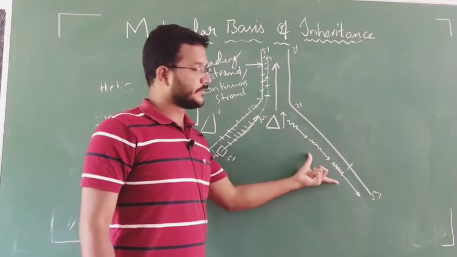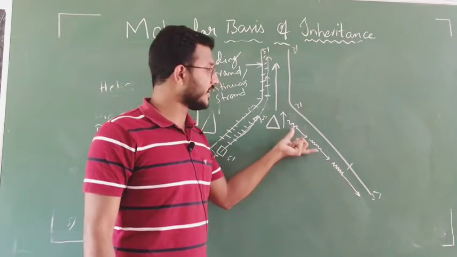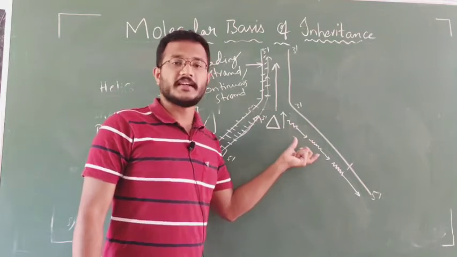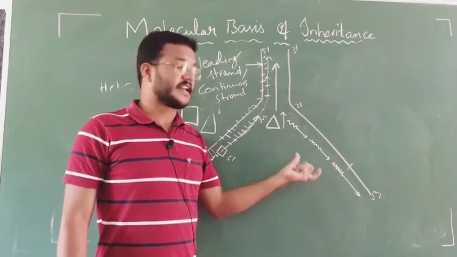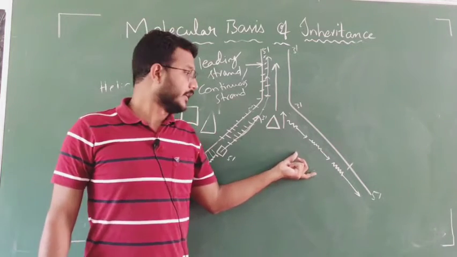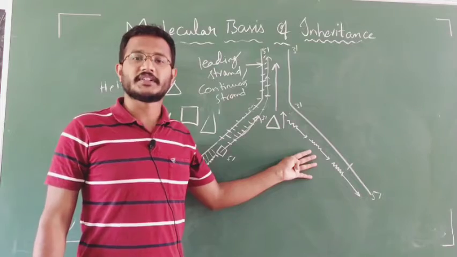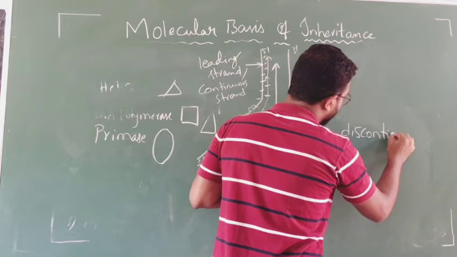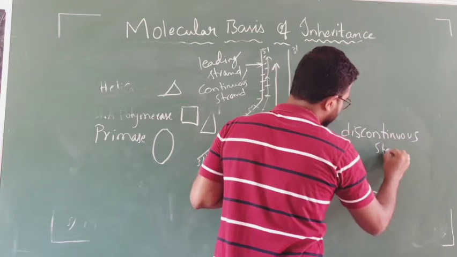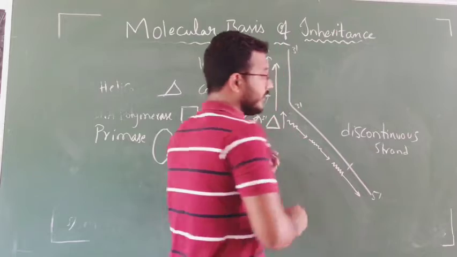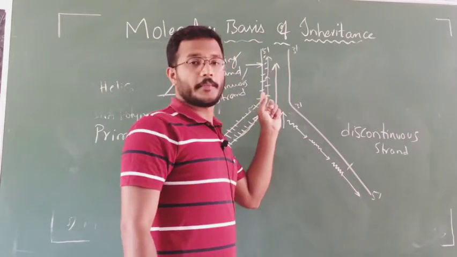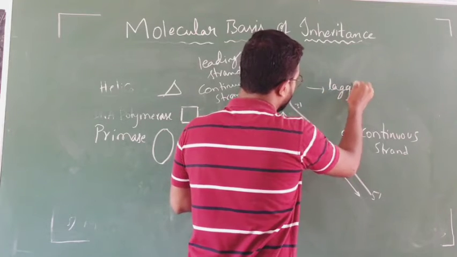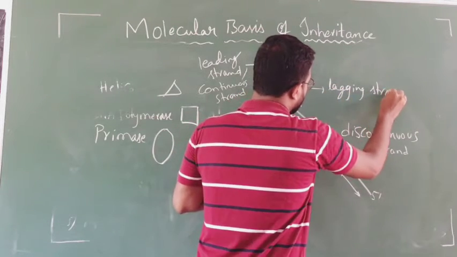So this is a discontinuous manner, and so many RNA primers have to start the initiation, because the strand is unwinding discontinuously, leading to the formation of discontinuous strands. So these strands are known as discontinuous strands, and this is lagging when compared to this one. So this is also known as the lagging strand.